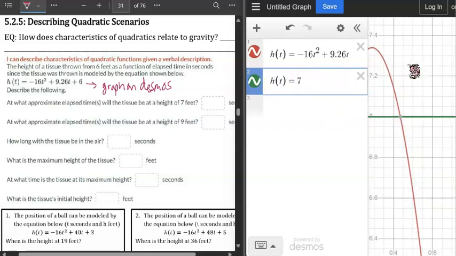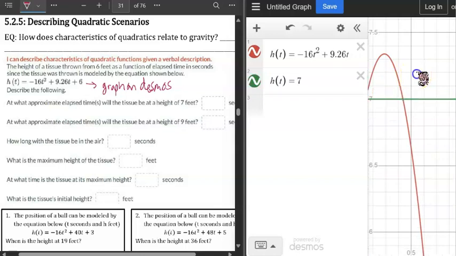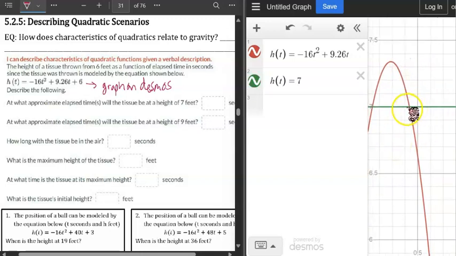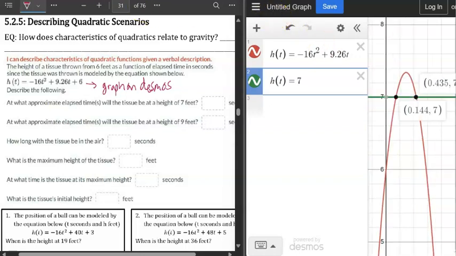And if we zoom in, notice we have 2 points that it happens at. At t is 0.144 and at t is 0.435. So let's write both of those on our paper.